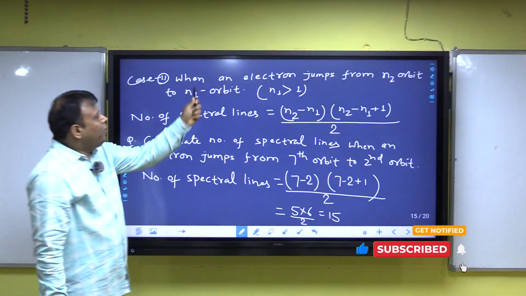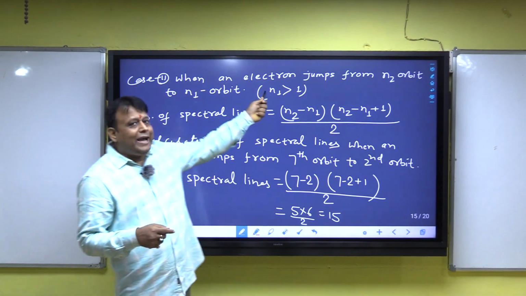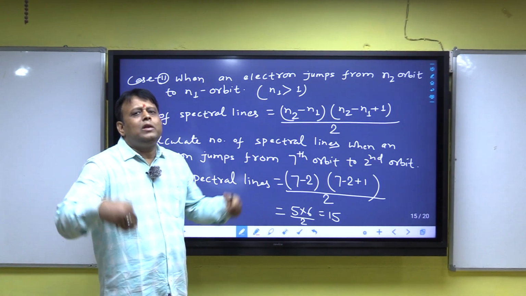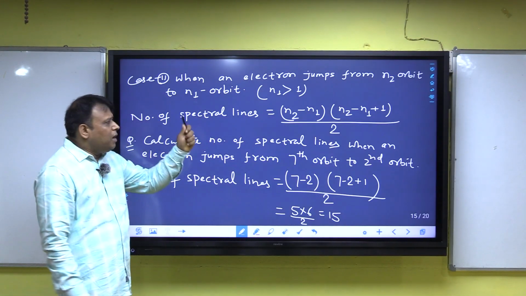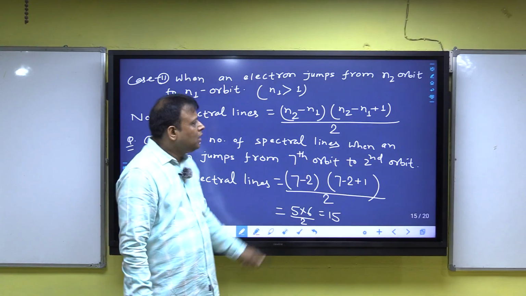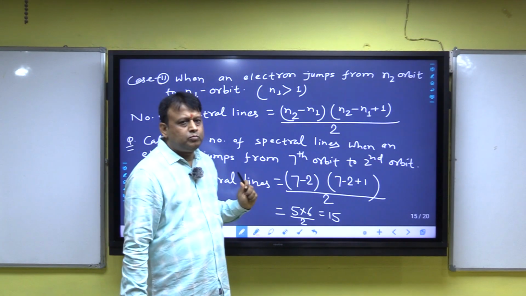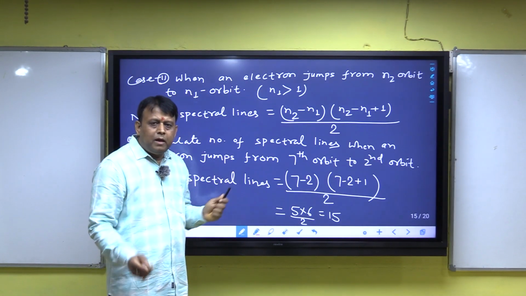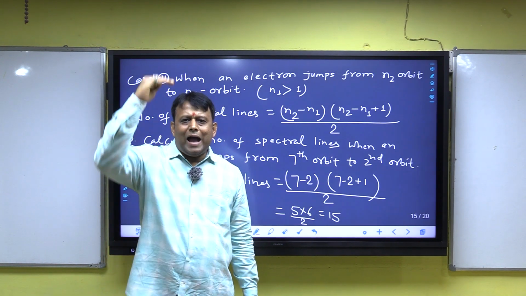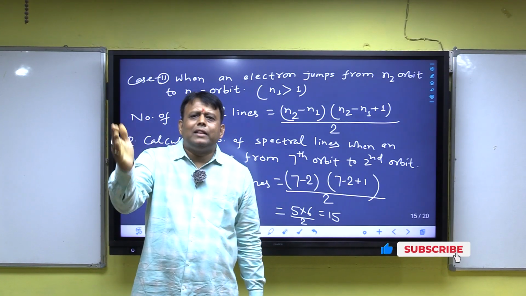Next, second case: when an electron jumps from the n2 orbit to the n1 orbit, and n1 is not the ground state, n1 may be 2, 3, 4, 5. Then what will be the number of spectral lines? Number of spectral lines equals (n2 minus n1) into (n2 minus n1 plus 1) divided by 2. This formula is applicable when an electron jumps from a higher orbit to any orbit where n1 is greater than 1.